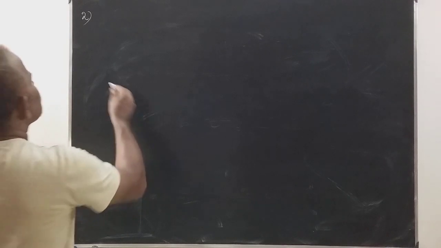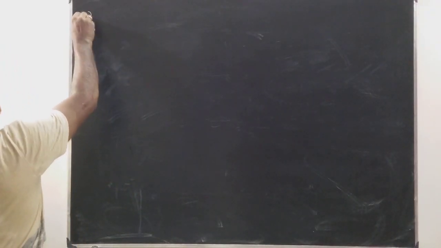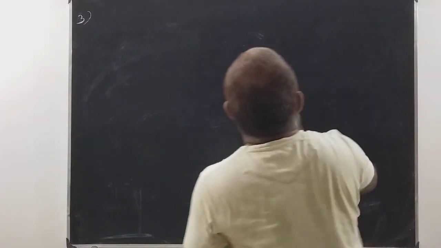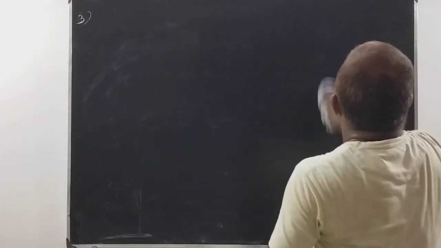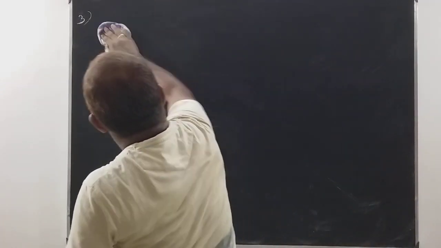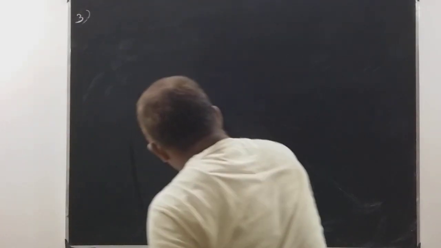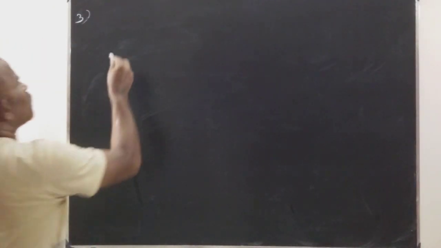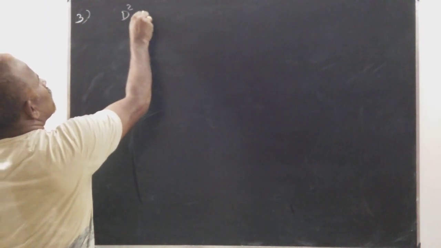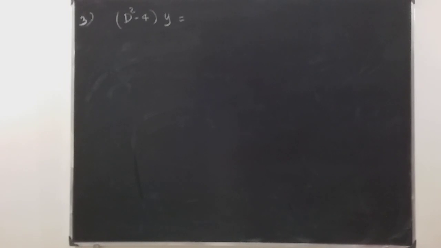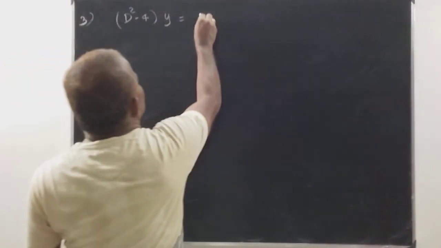The next question is question number 3. d squared minus 4 into y is equal to e power 2x.